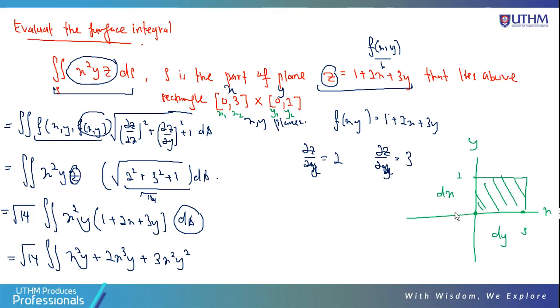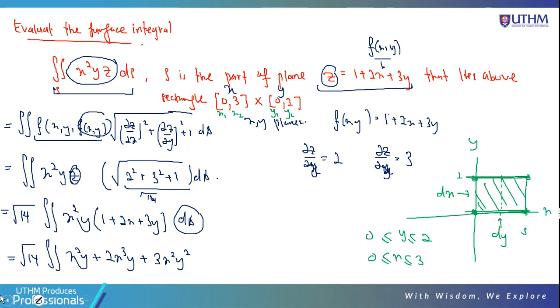As usual, dy dx. So where do you want to start? dy dx or dx dy? If we want dy dx, then for y, the first boundary must look at the line, so the line equals 0 up to this line equals 2. And x must look at the point, so the point here starts at 0 and goes up to 3.